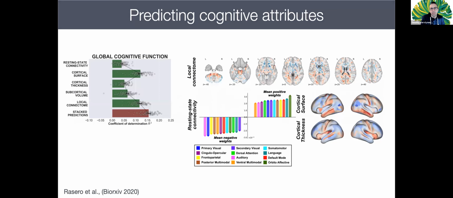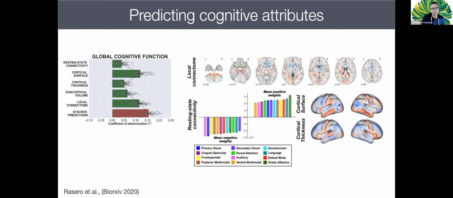I'm going to highlight one that we just recently put up on the archive and is currently under review, led by Javier Rosario, who you'll meet this afternoon, where we look at how well the local connectome predicts individual differences in global cognition and compare it against other metrics like morphometry metrics from T1 weighted imaging, resting state connectivity, and stacked versions across all modalities, to ask which features are most reliable at predicting individual differences in cognition.